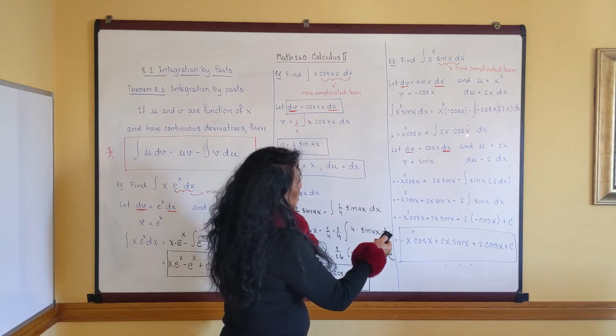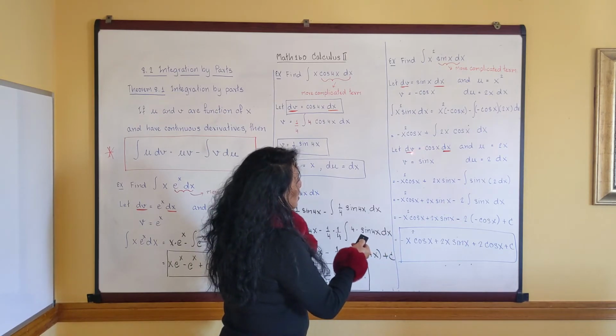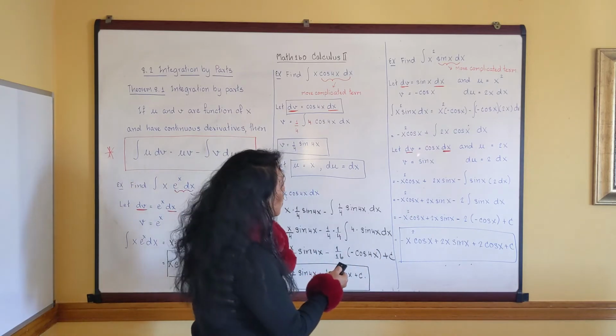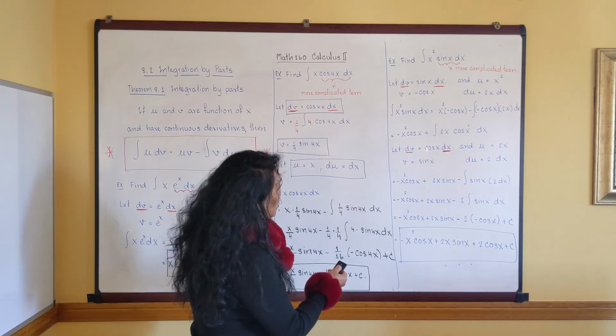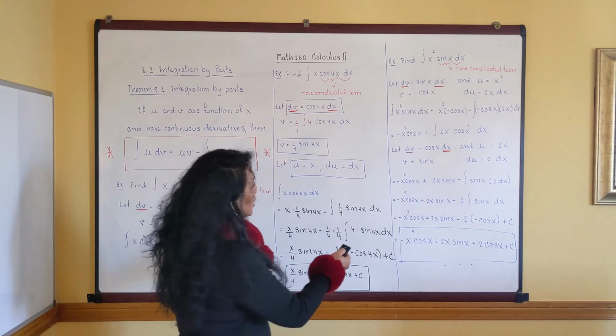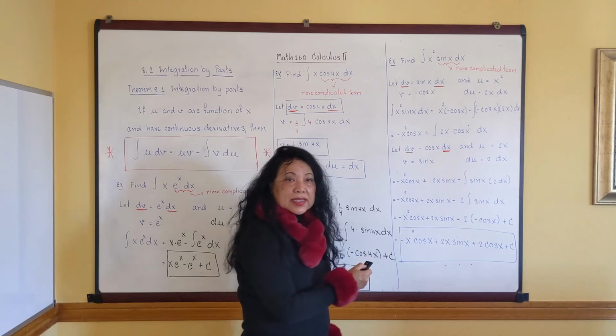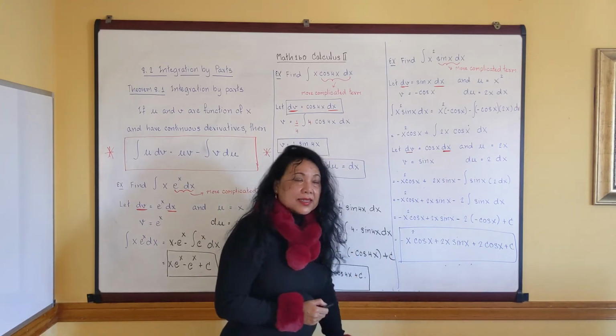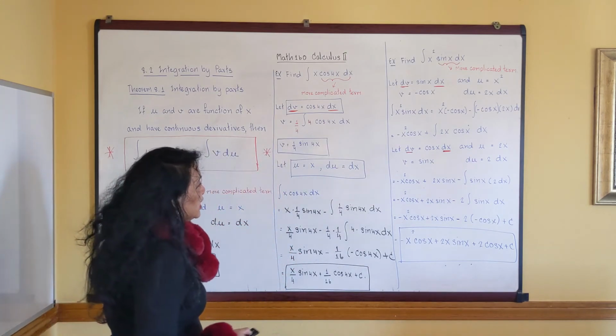Again, cosine of x becomes dv, so dv equals cosine of x dx. You take the integral, you get v. The integral of cosine is sine x. My u will be 2x. The derivative of 2x is just 2 dx. Now we're going to substitute it in.